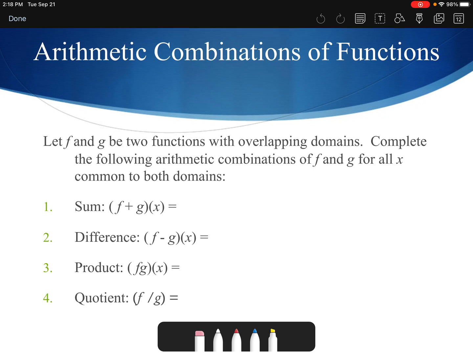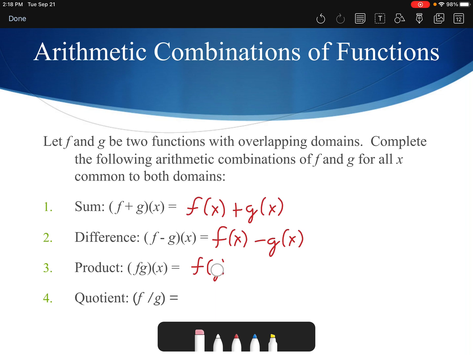So if we're going to add two functions like f plus g of x, that means we're going to add f of x and g of x. Similarly, if we subtract, we're going to do this.